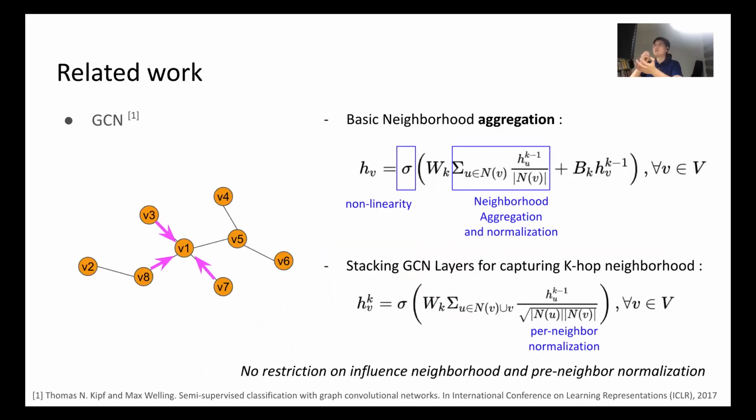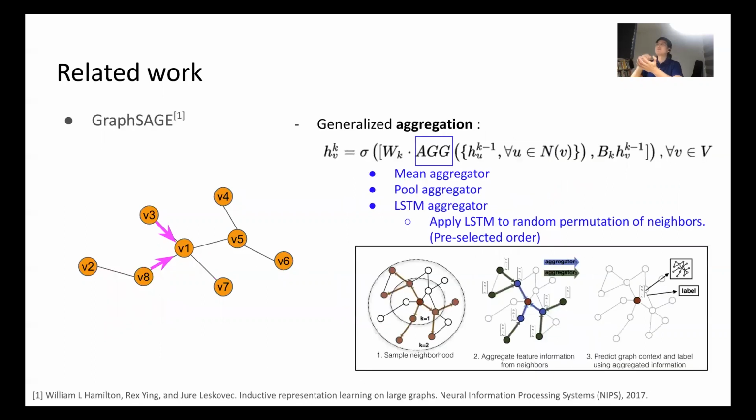We researched three related works. In this work, the aggregation function is the sum of neighbors and normalization. Predefined normalization and no restriction on influence neighborhood.